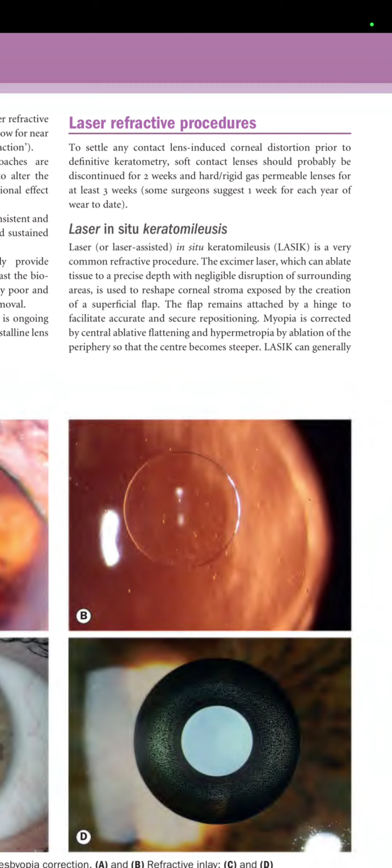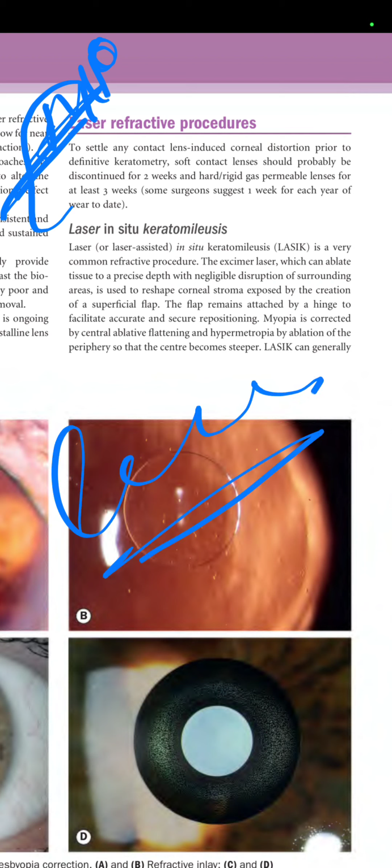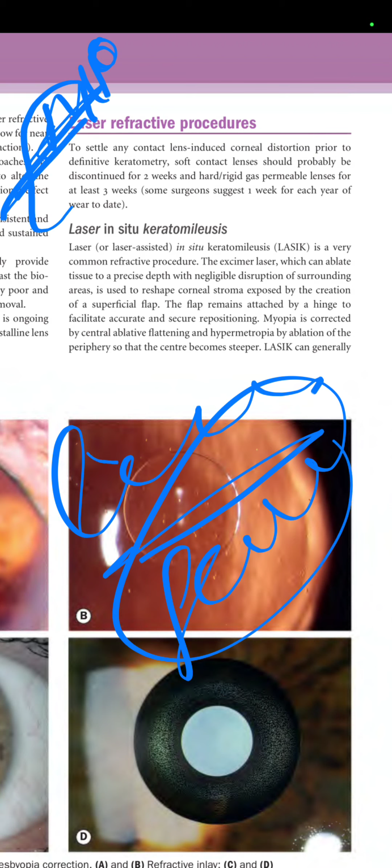So basically it is very important from the MCQ point of view that you should remove contact lenses before undergoing laser refractive surgery. You have to undergo a few tests like corneal topography, and one must know that we should not wear contact lenses because they change the refractive surface.